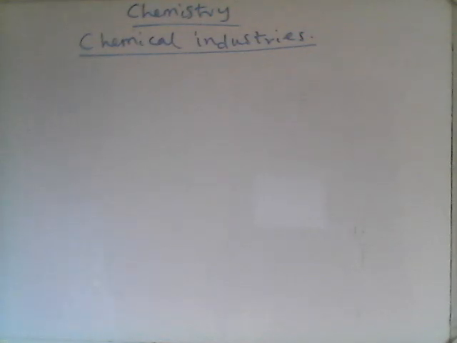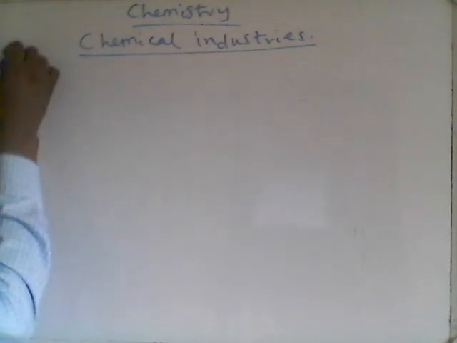So if we want to understand how it functions, it's crucial for our growth and even for our exams. So the first industrial process that we'll quickly dive into is the Haber process.